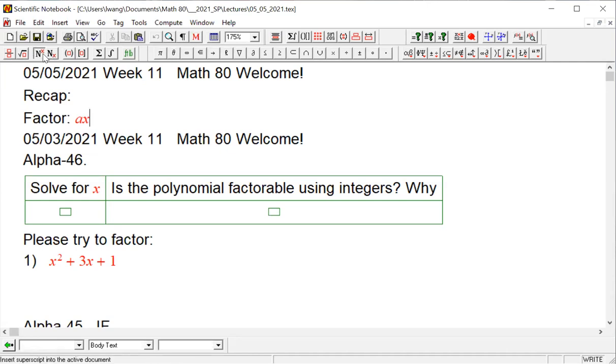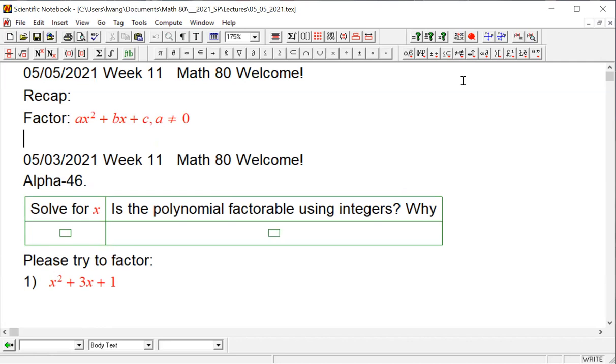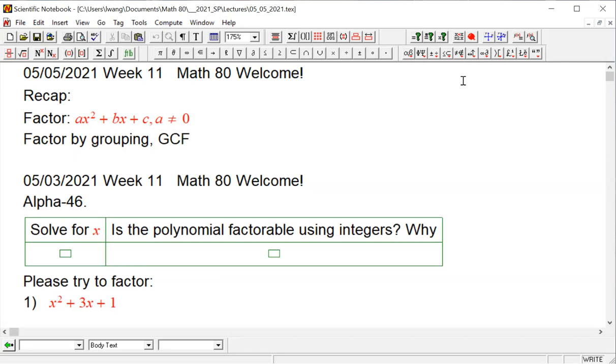ax squared plus bx plus c, where a is not 0. And we have also factored by grouping, by GCF, greatest common factor.